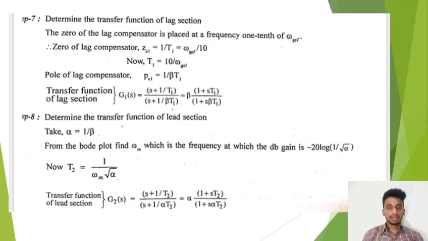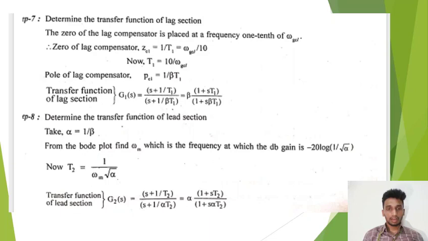Step 7. Determine the transfer function of lag section. The zero of the lag compensator is placed at a frequency 1/10 of omega GCL. Zero of lag compensator ZCL is equal to 1 by T1 is equal to omega GCL divided by 10. Now T1 is equal to 10 by omega GCL.